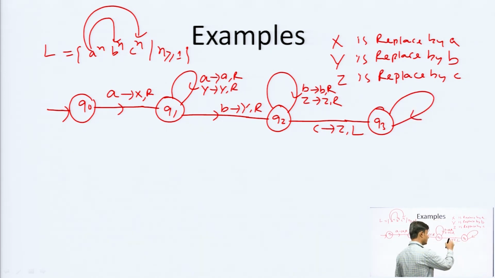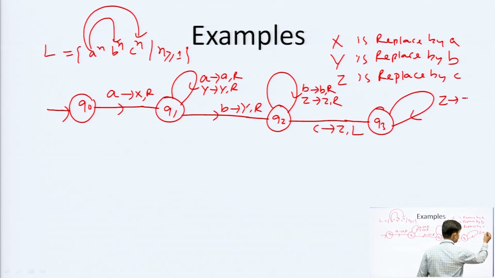When you replace c with z, you come back to q0, and the similar process repeats, one a, one b, one c replaced. When you come back to q0, you will find z, z left.